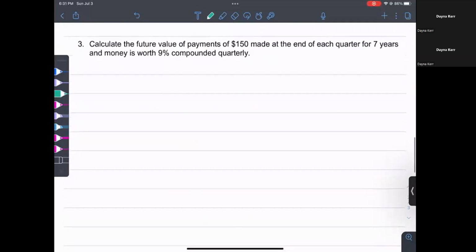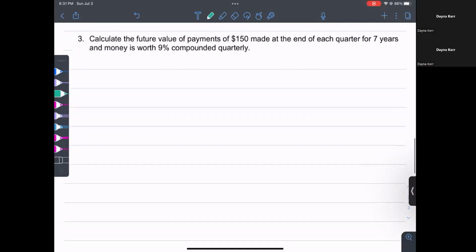Moving to question number 3, calculate the future value of payments of 150 made at the end of each quarter for 7 years, and money is worth 9% compounded quarterly. So this could be some type of savings account you're setting up, maybe for college or retirement, or maybe to purchase something. So actual payments are being made.